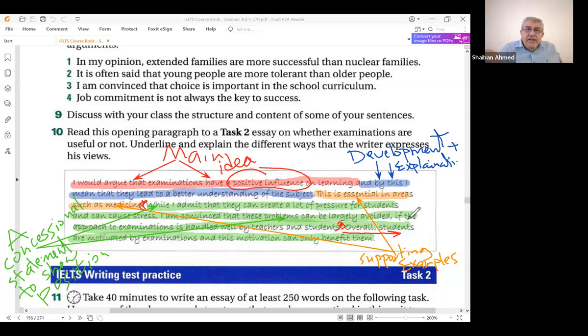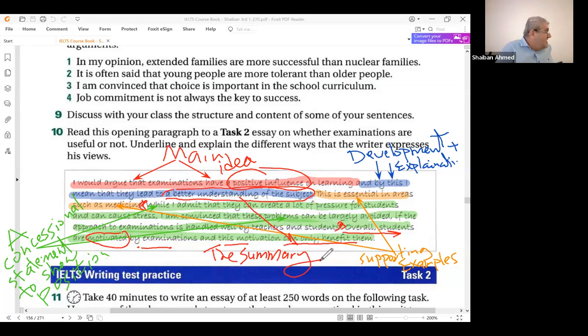Summary. So overall here, students are motivated by exams, and this motivation can only benefit them. Why benefit them? Because he said it gives a better understanding. He then had a summary. What is the summary? Students are motivated by exams, and this motivation can only benefit them with better understanding of the subject. They need these.